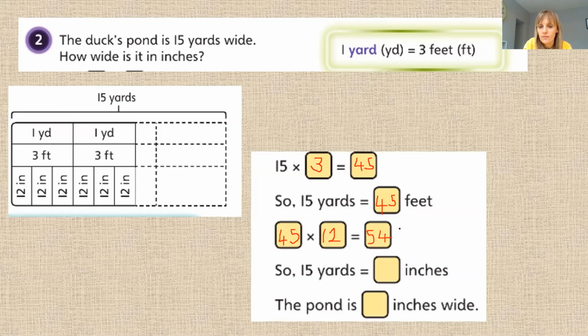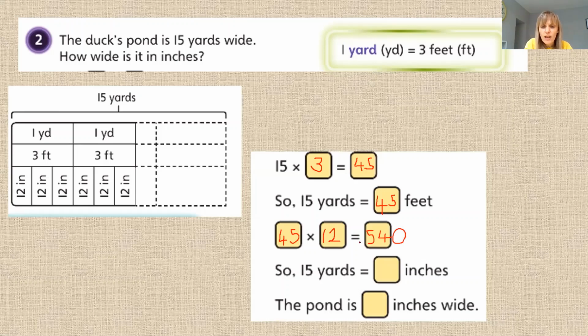There we go. Okay, so 45 times by 12 is 540 inches. So if I have got my answer of 540 inches, that means the pond is 540 inches wide.